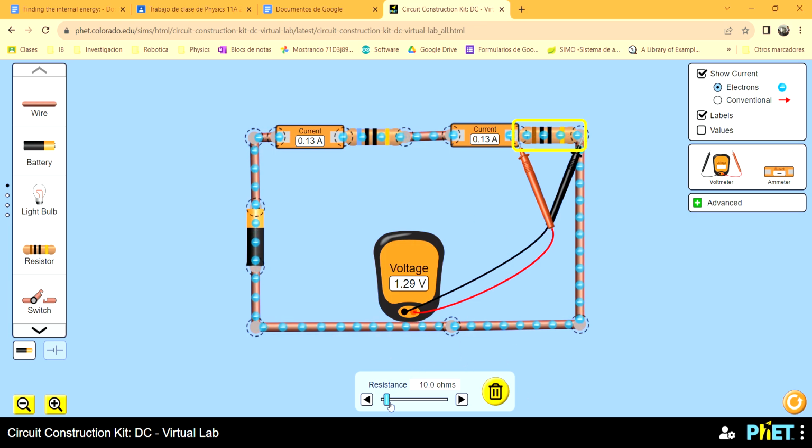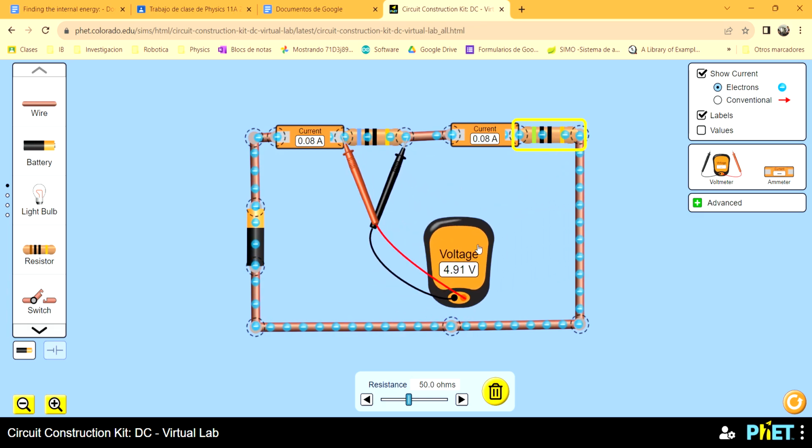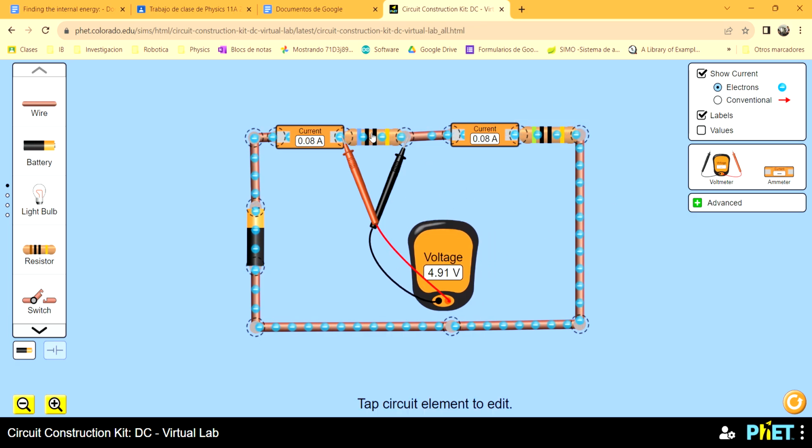If you change this resistance, following Ohm's law, this voltage should increase. But as this voltage increases, this voltage should decrease, because the total voltage must be the addition of this voltage with this voltage.